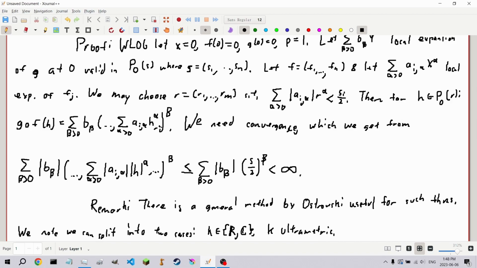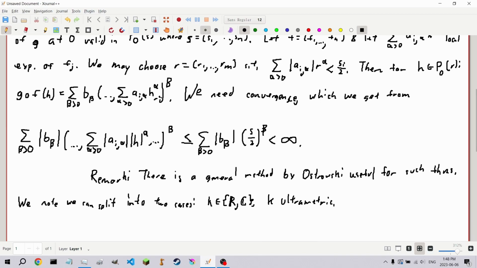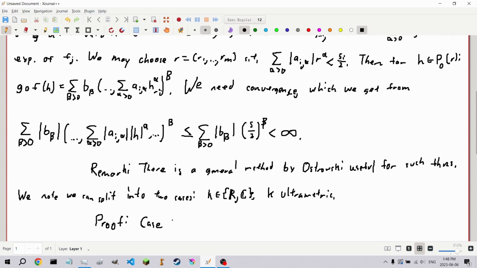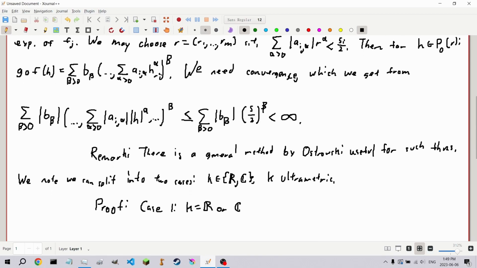Alright. So to illustrate it, we're going to go through the above theorem again with a more standard proof in this system. So our first case is where k is the real or the complex, and for our first case, we'll look at it to be complex.